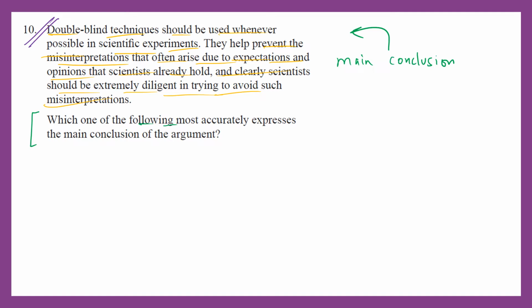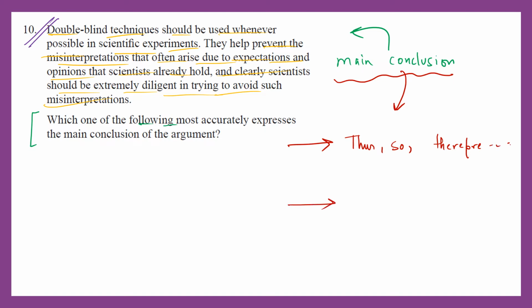Now, when you know that you're looking for the conclusion, it's important to know that the conclusion sometimes is indicated by a word like thus, so, therefore, and so on. On some other occasions, you'd find that the conclusion offers something like the opinion or the judgment of the author.